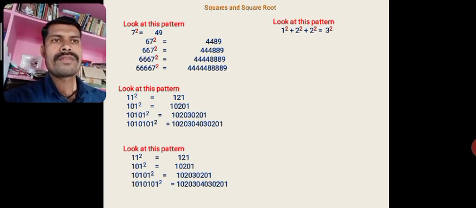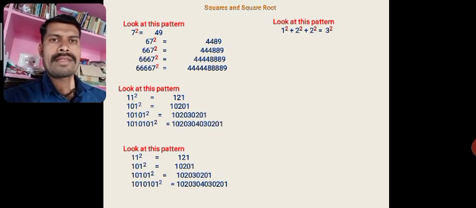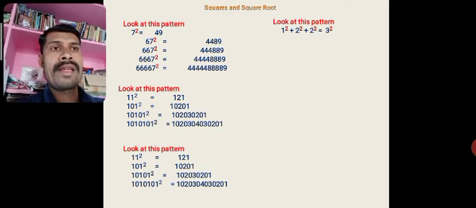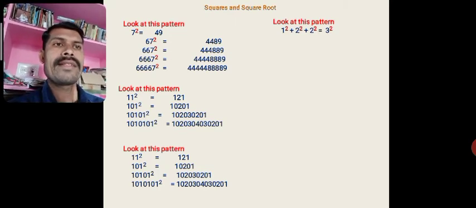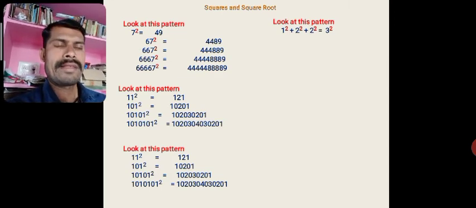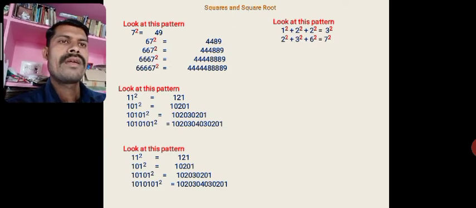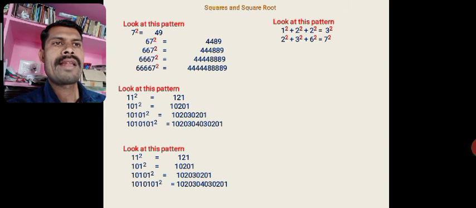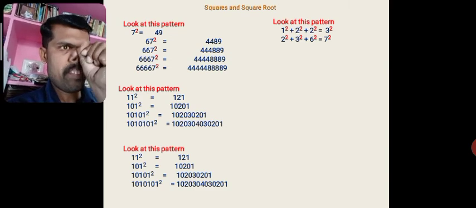The sum of those 3 squares is a 3 square. 1 square plus 2 square is 5, 5 plus 4 is 9, and 9 is the square of 3.